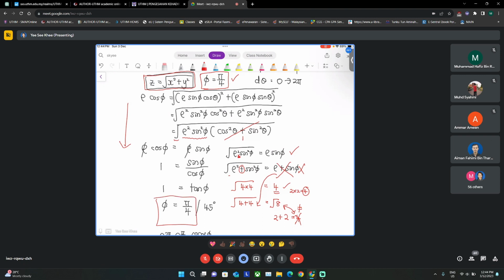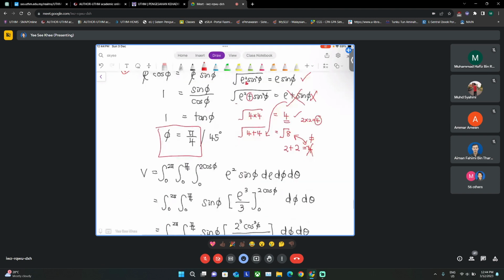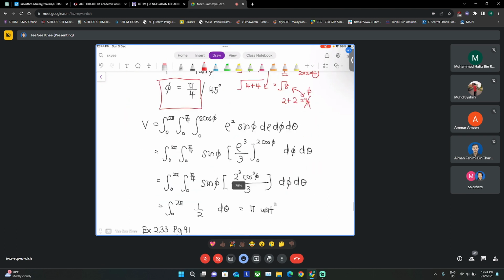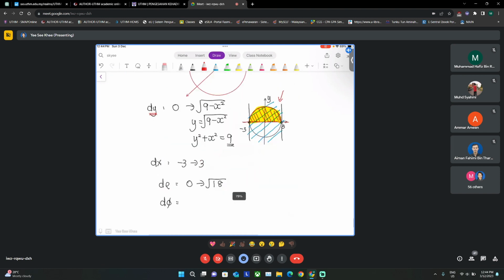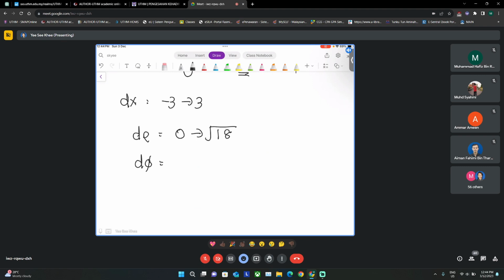When you have a cone in these equations, your phi will always be pi over 4. You don't need to write down all the steps anymore, you just use this. Meaning that you write down, my phi will be from 0 until pi over 4.